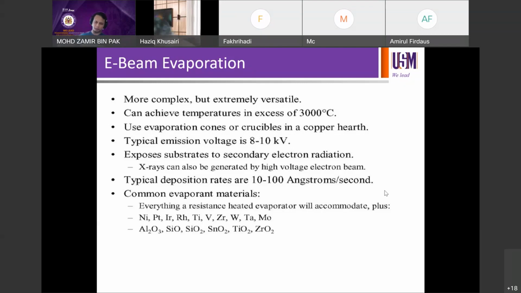Yang tinggi pun dia boleh handle, but thermal can only handle the low melting point ones, right? So common are nickel, platinum, iridium, ruthenium, titanium, vanadium, zirconium, and so on. Aluminum oxide, ITO, zirconium oxide, tin oxide, all the oxide, carbide, nitride, banyak benda yang boleh buat. So it's more flexible in that sense.